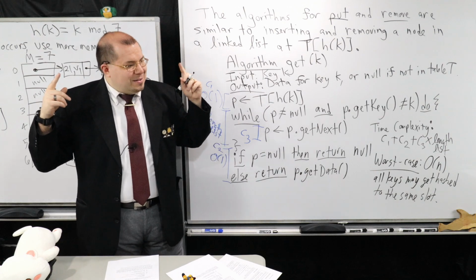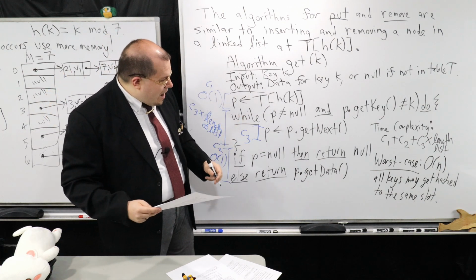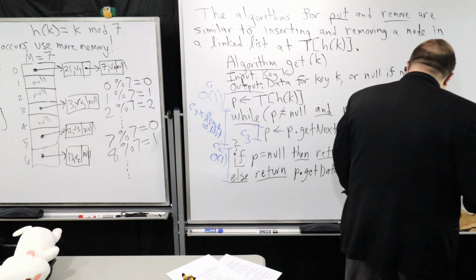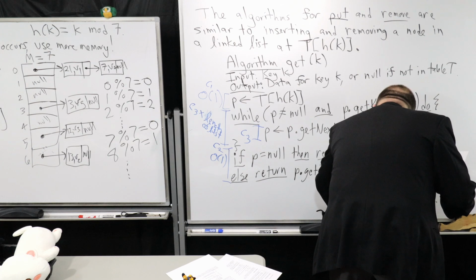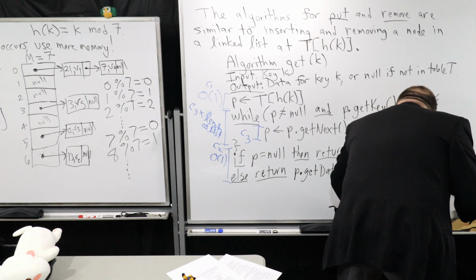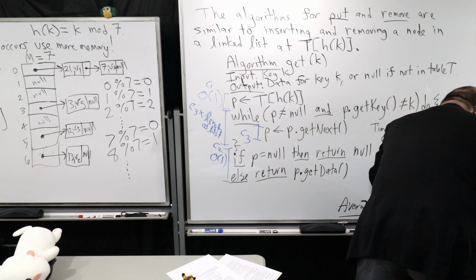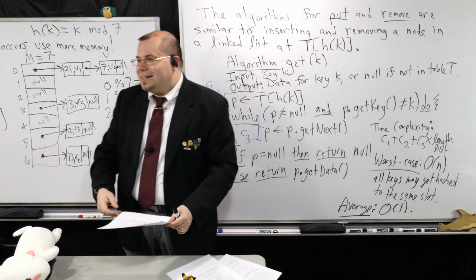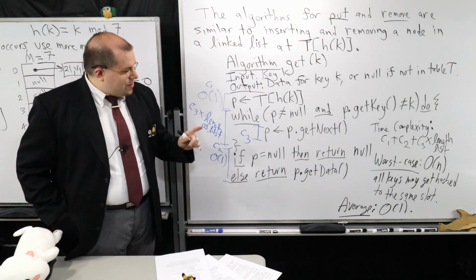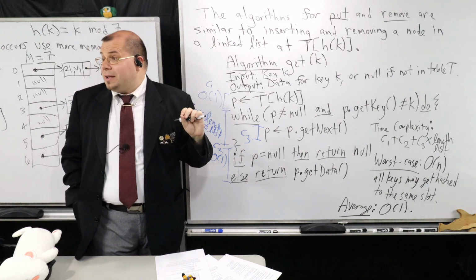So, using this intuition, you can expect, on average, under our assumptions, that the average case is big O of 1. I'm going to talk more about that in one moment, but are these two clear for everybody?